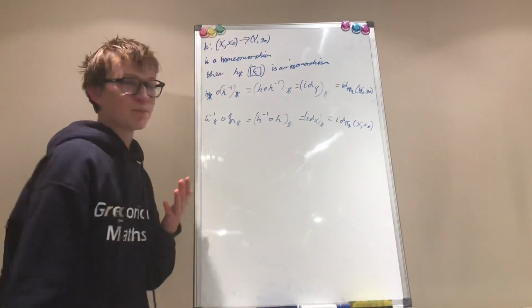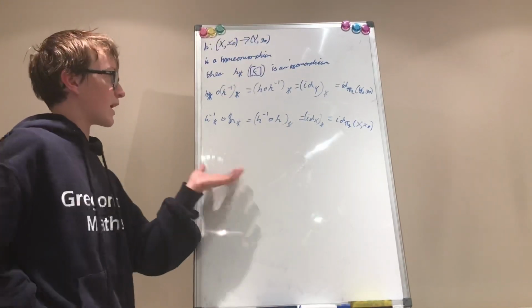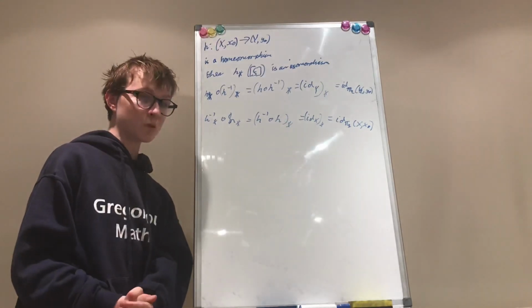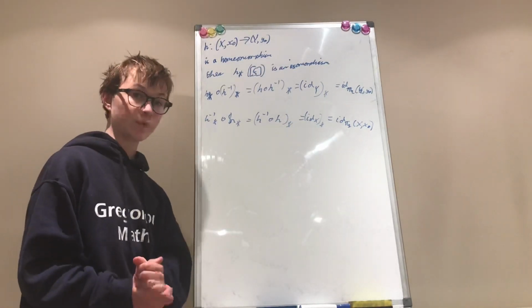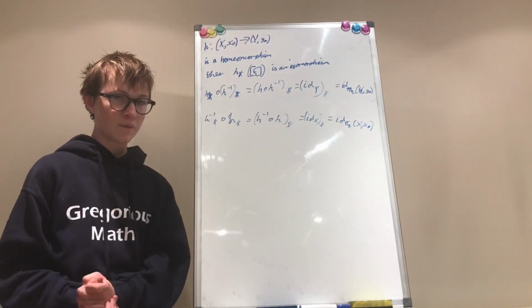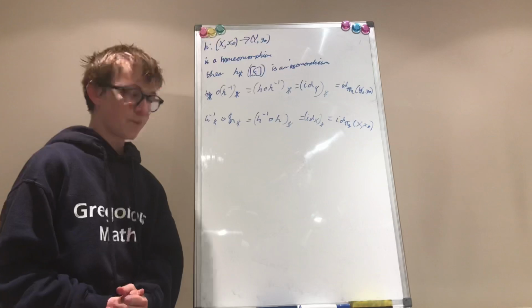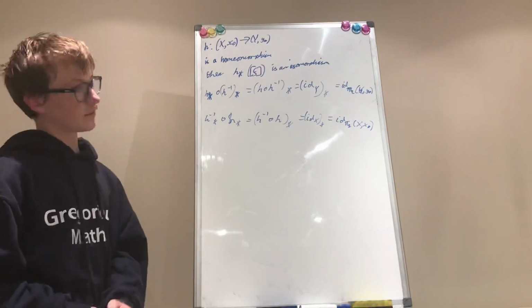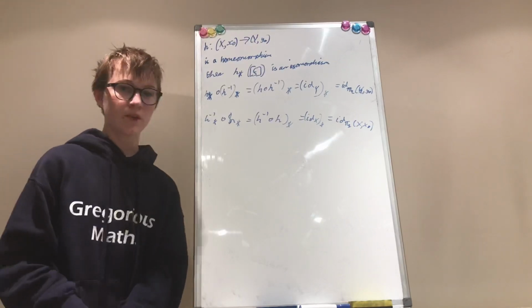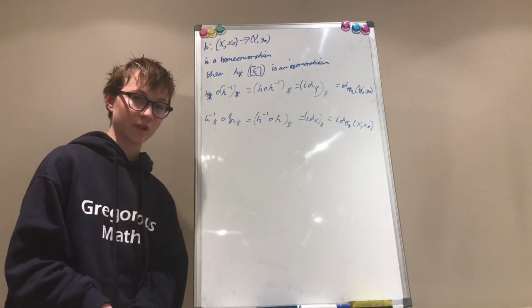So the implication of this is that two spaces which are homeomorphic have isomorphic fundamental groups. And this is really important. But as I said in the last video, in the next video, I'm going to be looking at calculating the fundamental group of the circle. Goodbye.